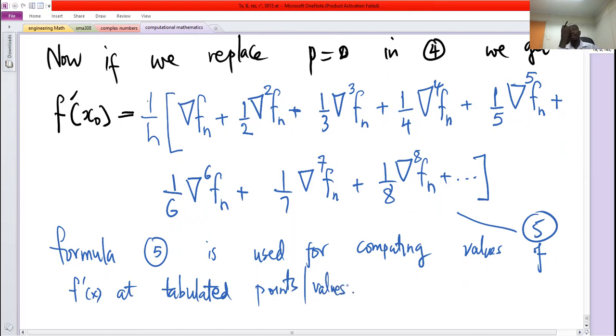So that means that you'll be asked to find the derivative for a value of x which is already given in the table that you are given to use.